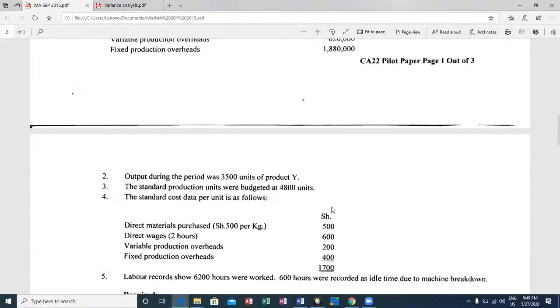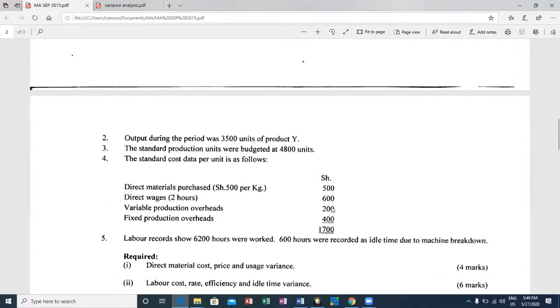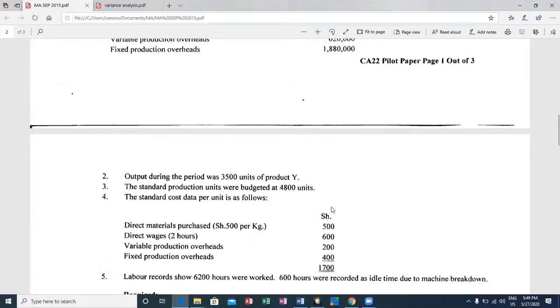Ladies and gentlemen, fortunately, they have given us a rate. They have told us in the standard card that shillings 500 equals 1 kilogram. And our unit is taking exactly 500.